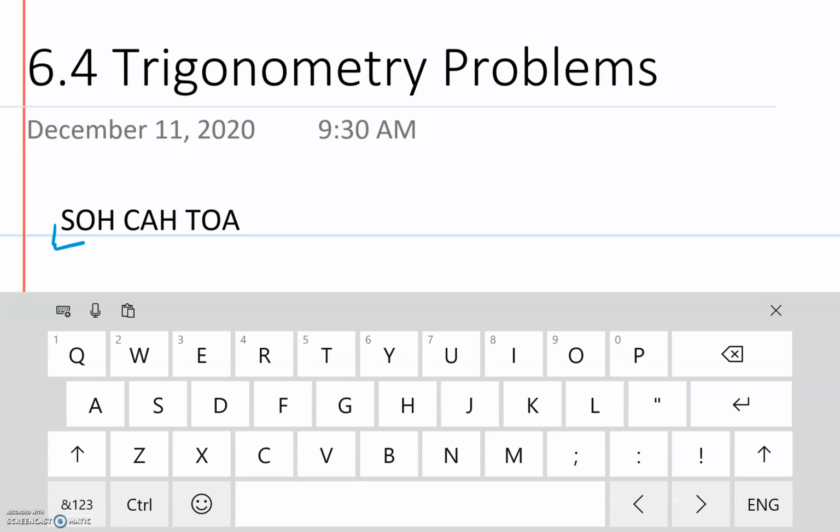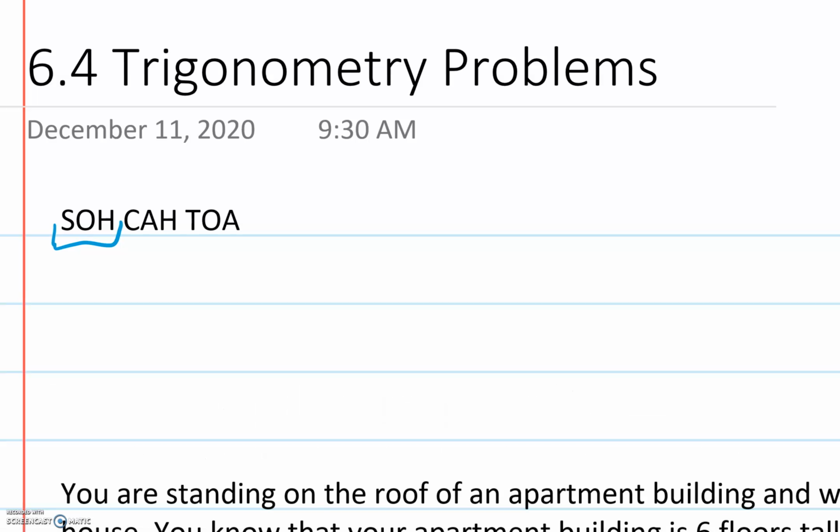So we've got the expression SOHCAHTOA, and this is just a way of helping you remember the order of the equations. For example, we've got sine of the angle equals opposite over hypotenuse.